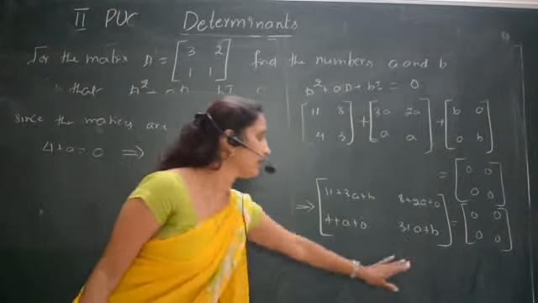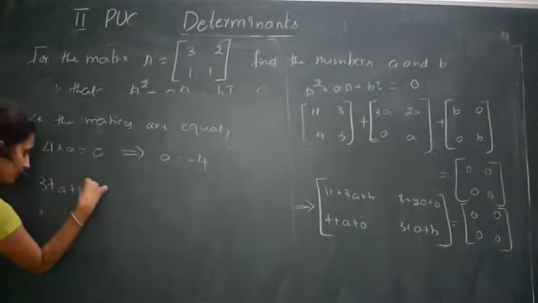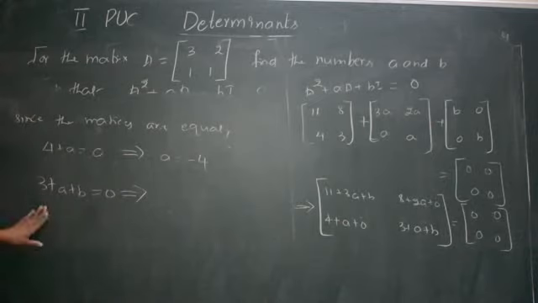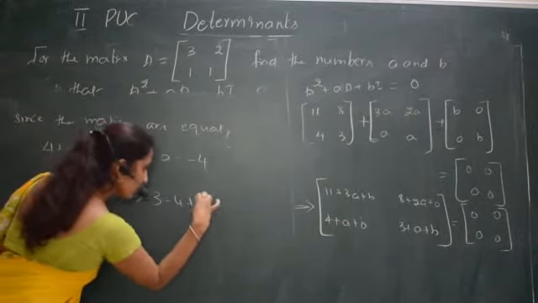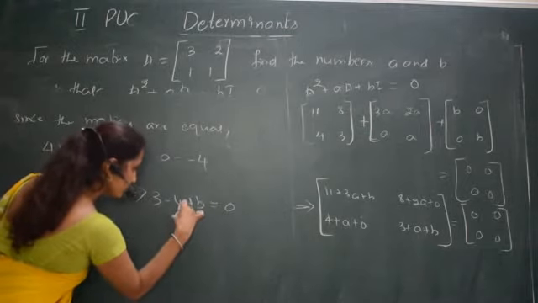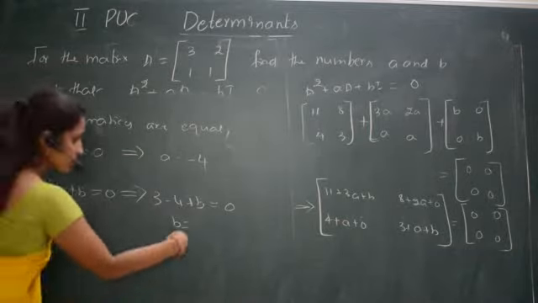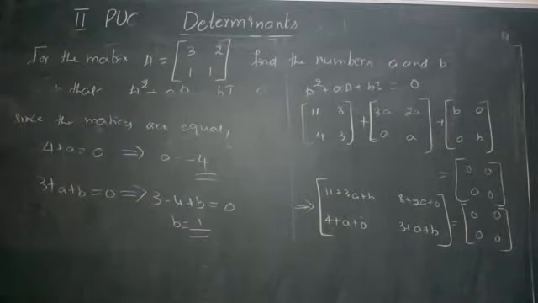Next, I'll take 3 plus a plus b equal to 0. This implies 3 minus 4 plus b equal to 0. So this gives b is equal to 1. So we have calculated the values of a and b: 1 and minus 4.